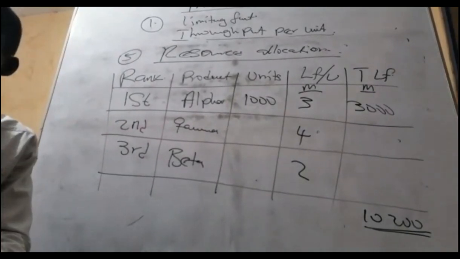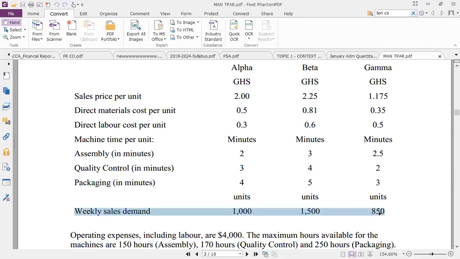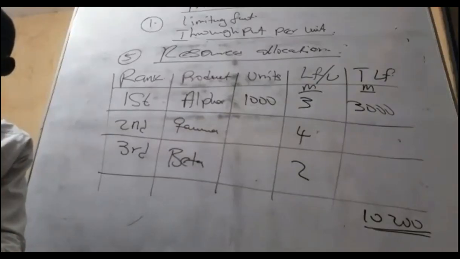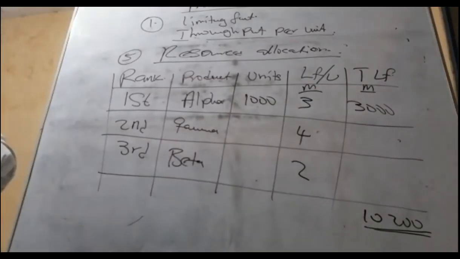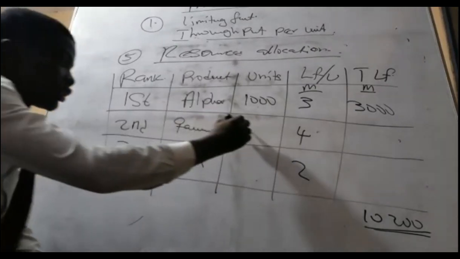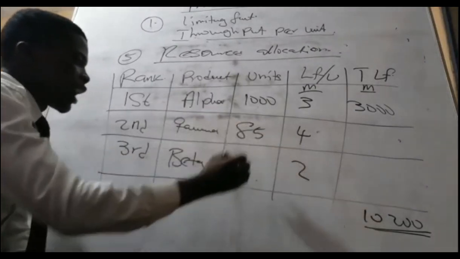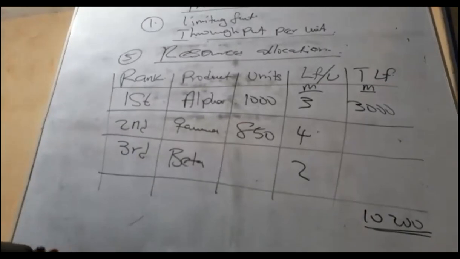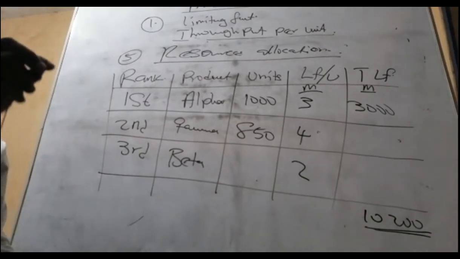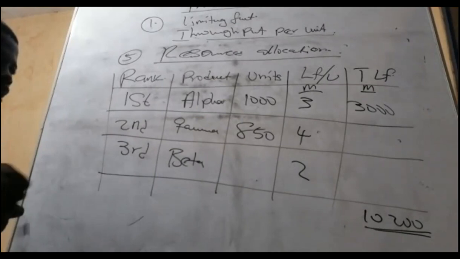Now for gamma, the demand is 850. Can we produce the 850? So 850 by 4 will give us 3,400.